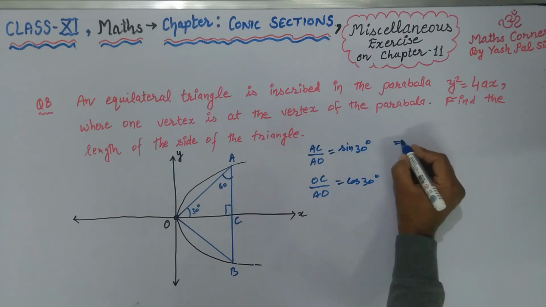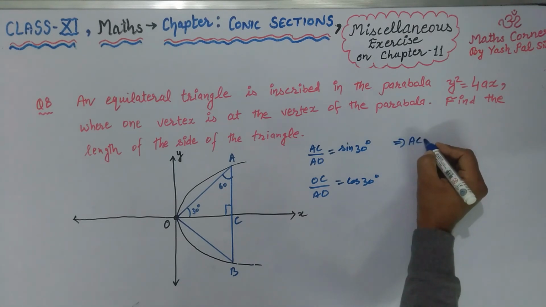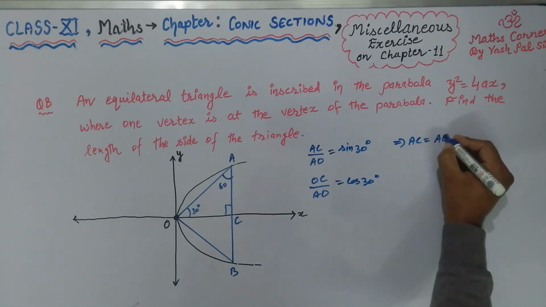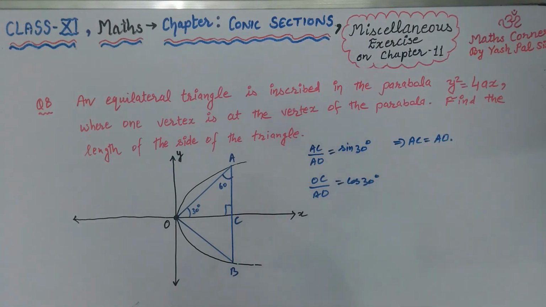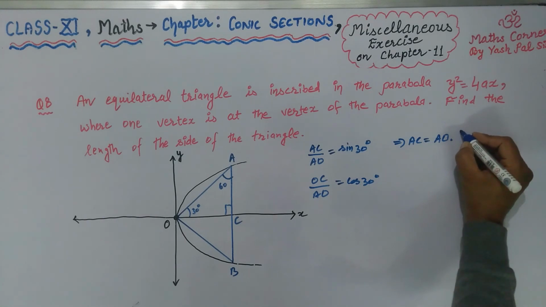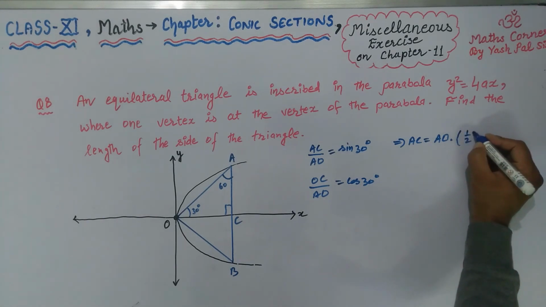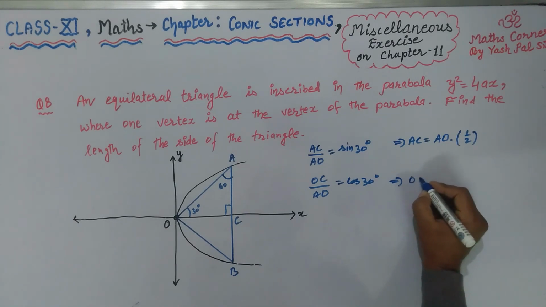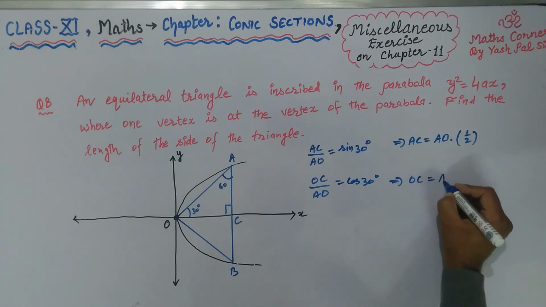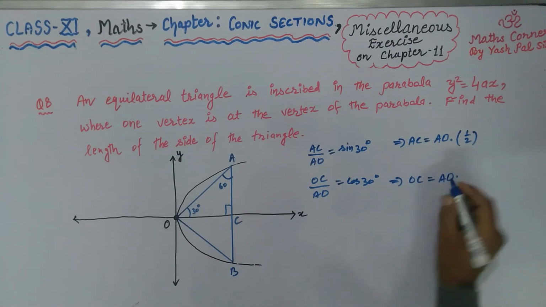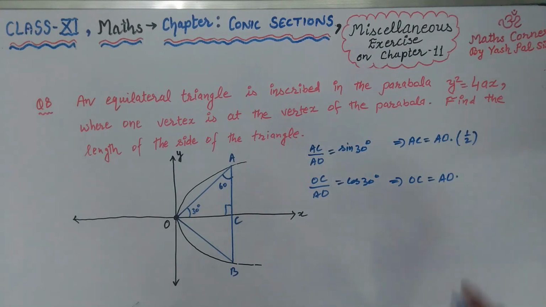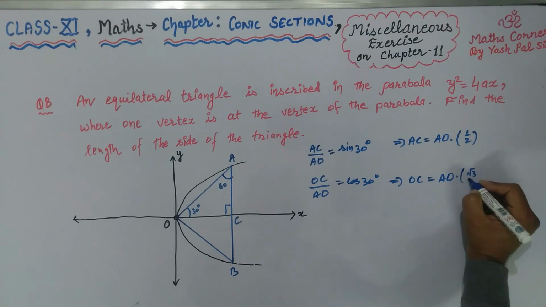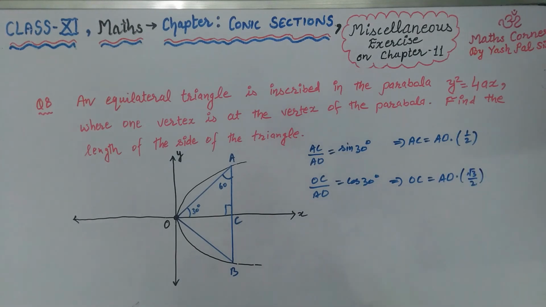So from here we can say AC is equal to AO into sine 30 degrees, this is 1 upon 2. Likewise here OC is equal to AO into cos 30 degrees, this is square root 3 upon 2, right?